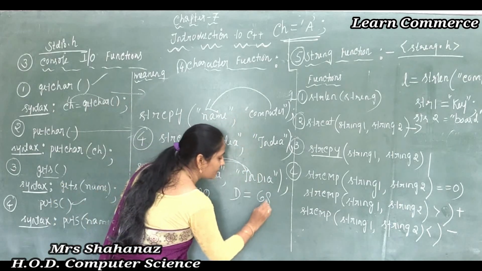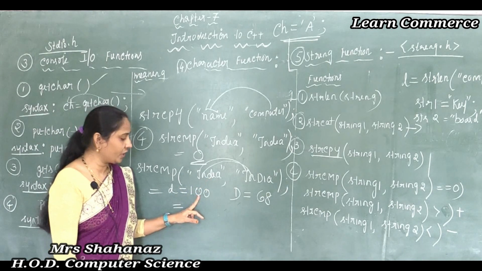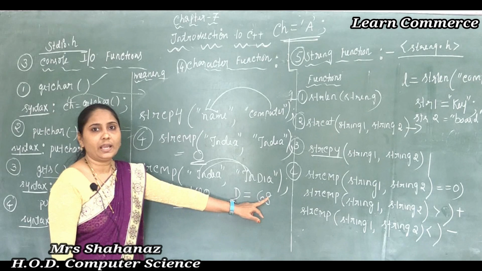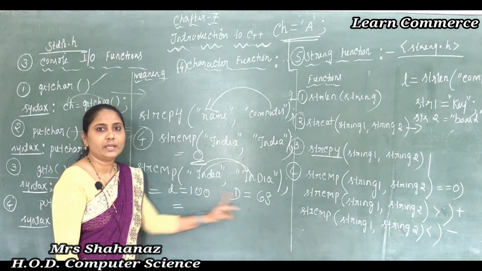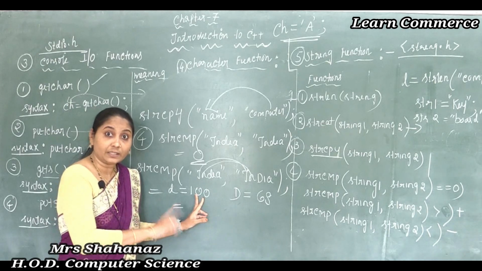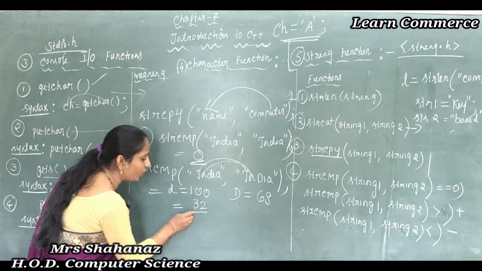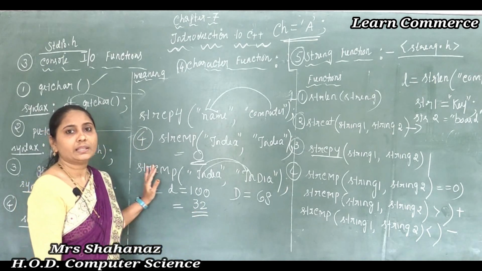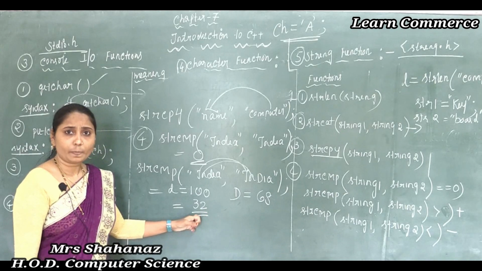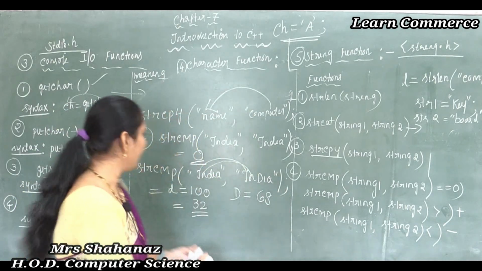Correct, no? 68. So string 1 value is 100, string 2 value is 68 here. When string 1 is greater than string 2, then it returns a positive value. So now we got the value 32. Clear this point here? Now we got the value 32 in this case here. So this is about our second example.